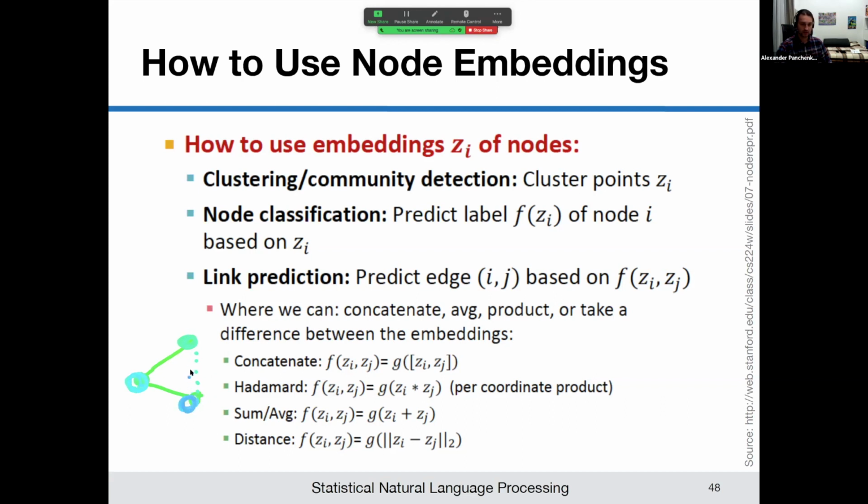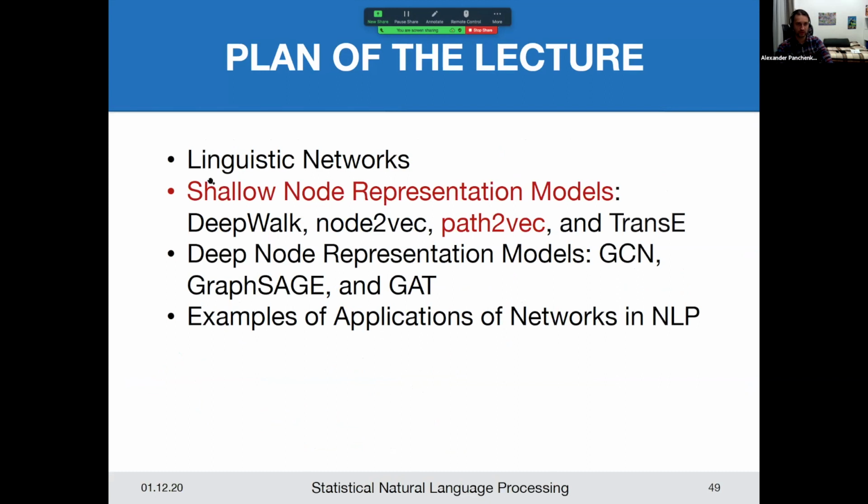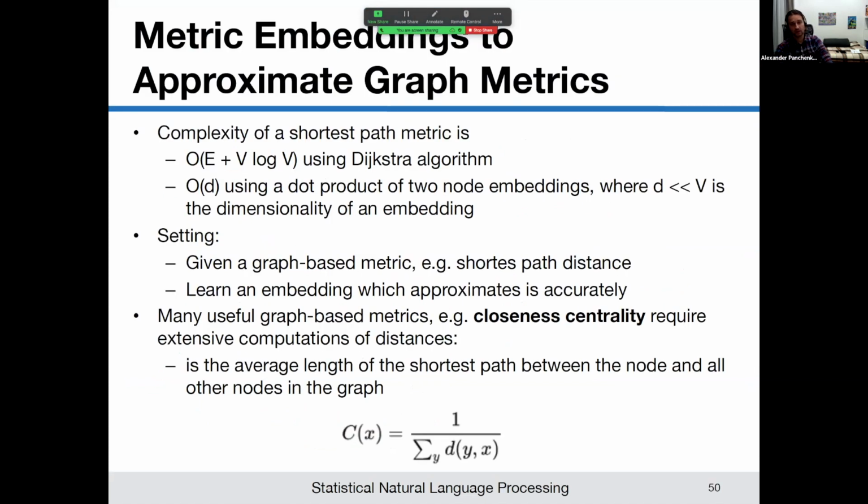Well, by using these node representations, you can try to compute similarities between this node and this node, and come to the conclusion that some edge should be constructed in this space. So this is called link prediction, and it perfectly works for all of these kind of linguistic networks we discussed before.